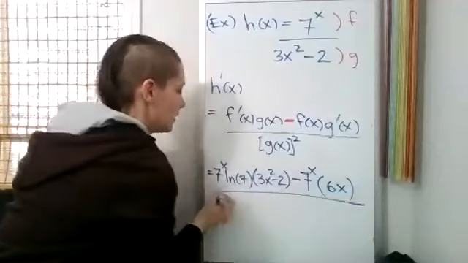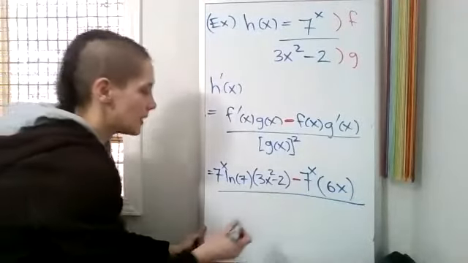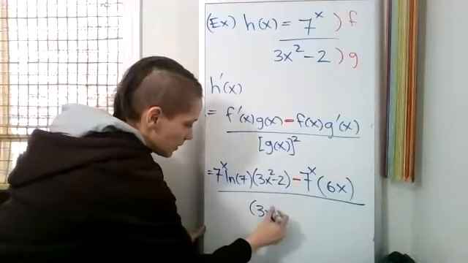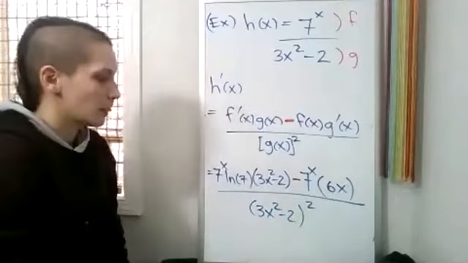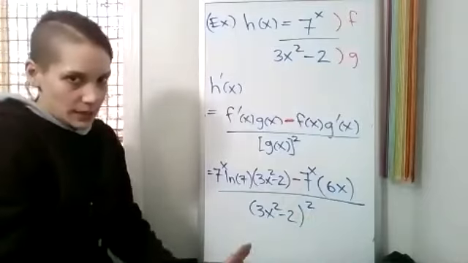It's over 3x squared minus 2, squared. We're just going to leave it there.